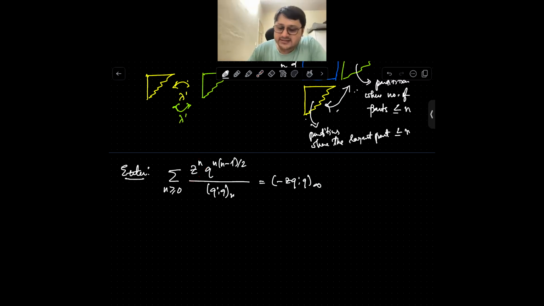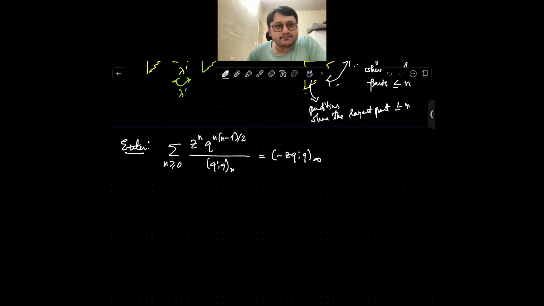Now, if you think about distinct parts, the lowest possible distinct part which can appear is 1. And if there are n distinct parts, then you could have all of these distinct parts appearing in the partition: 1, 2, 3 up to n. Some of them may be missing. If say 3 is missing, then you would need some other part which will appear. Or say 17 is missing, then there will be another part appearing. But if there is something missing, then the part which is appearing has to be bigger than that missing part.